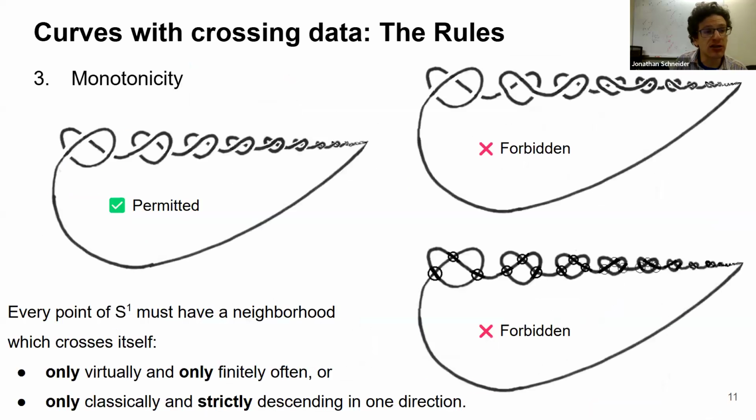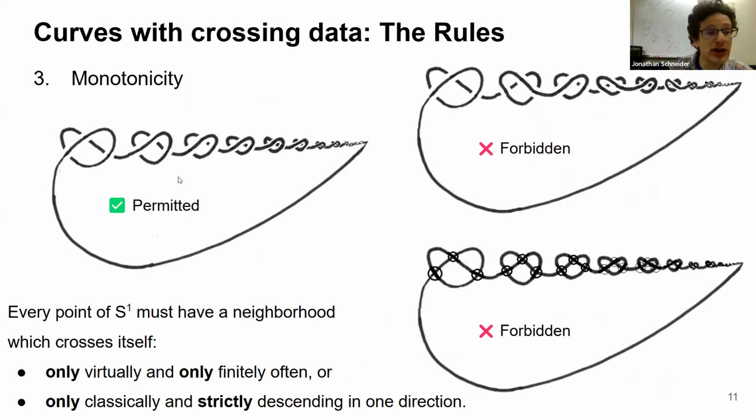There is, in fact, a third rule, monotonicity. Monotonicity concerns how a single strand of that circle is allowed to cross itself. The rule is that a single strand of the circle should be crossing itself either only virtually and finitely often, or only classically and in a monotonic sense of strictly descending in one direction.